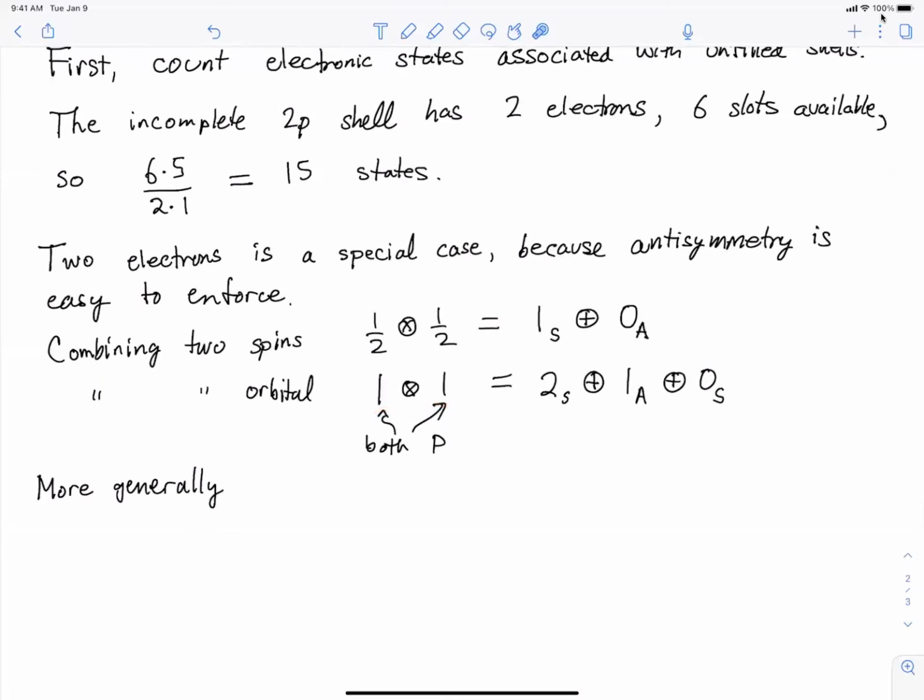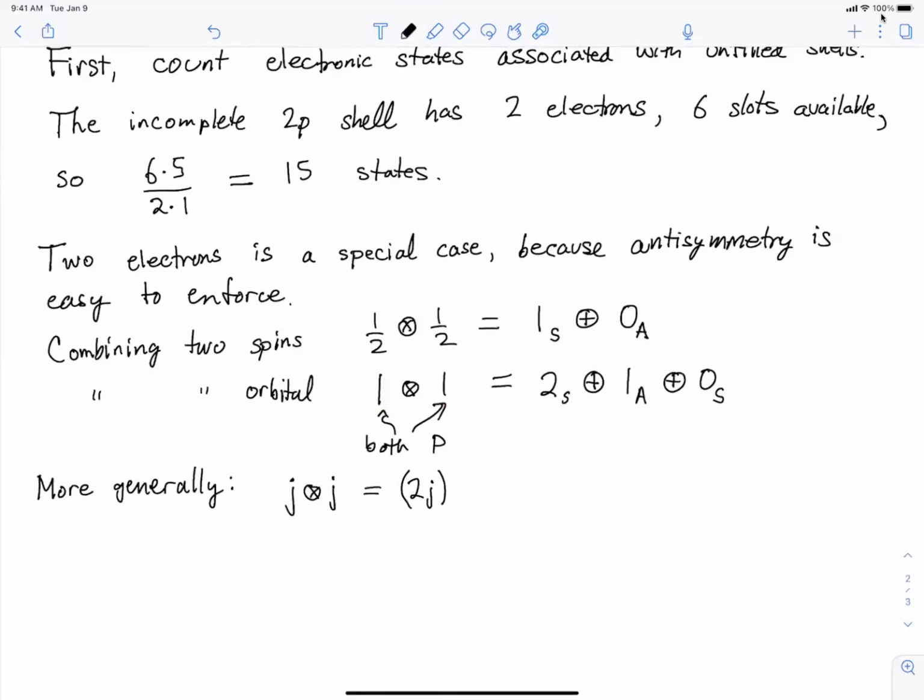So more generally, if you have an angular momentum j combined with another angular momentum of the same type, then you can divide it into symmetric and antisymmetric combinations. First of all, when you combine j with j, the maximum you can get is 2j. Here, j can be either the spin or the orbital.